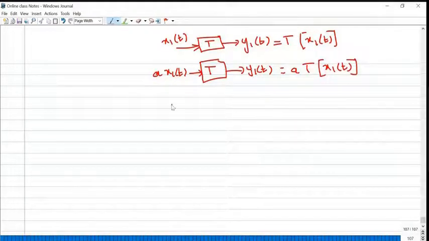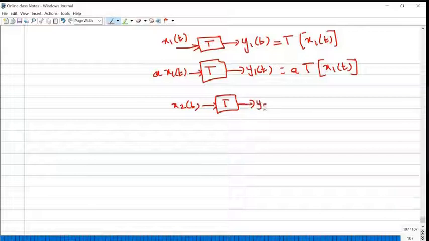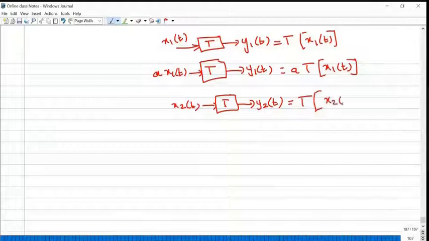Okay. Assume x2 of t is the input to the same system. The system gives an output y2 of t. We take y2 of t equal to T of x2 of t. The system will do some processing on the input signal, then it will give output y2 of t.